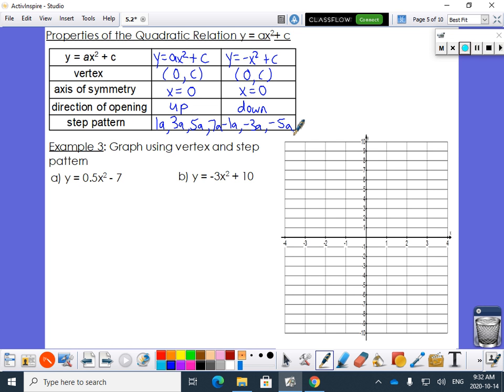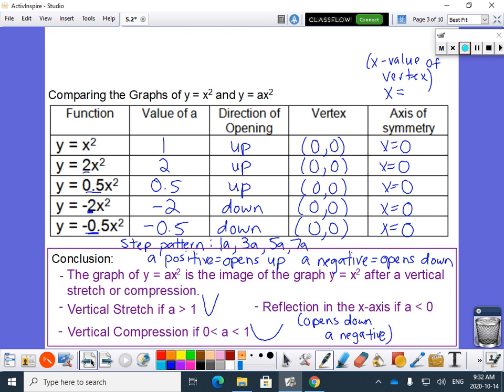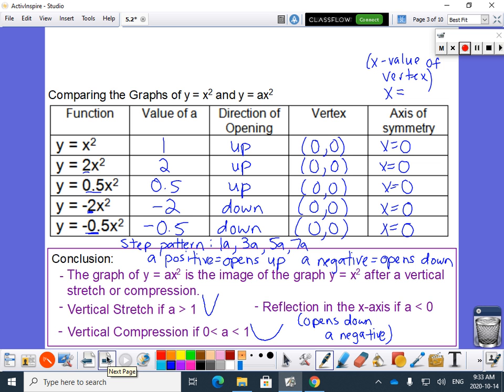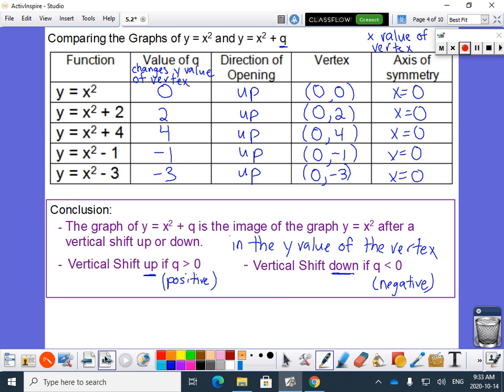Okay, so once again, we're going to compare 2 different types of parabolas or 2 different quadratic equations. So here we have y equals ax squared plus c. So all that's saying is a specific example would be this guy. Y equals ax squared plus c. Or in this case, we use q for that.